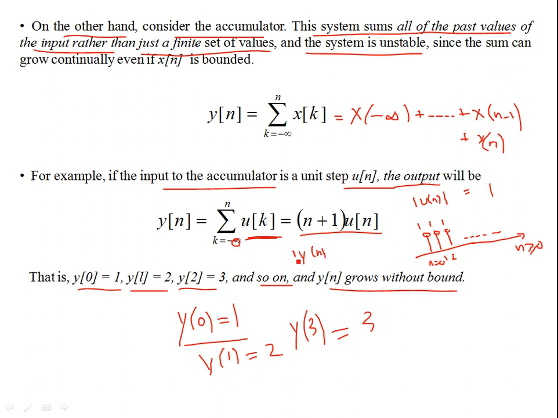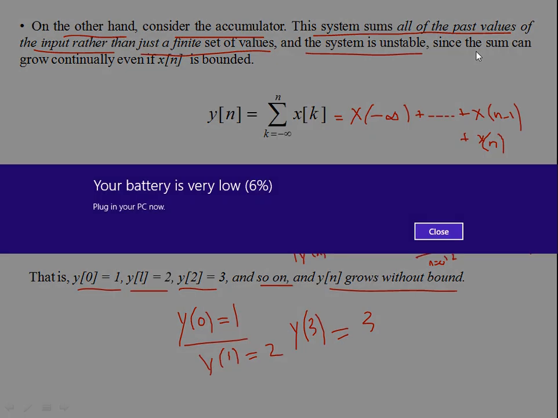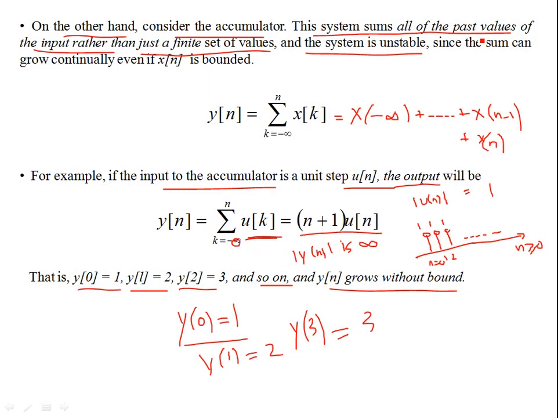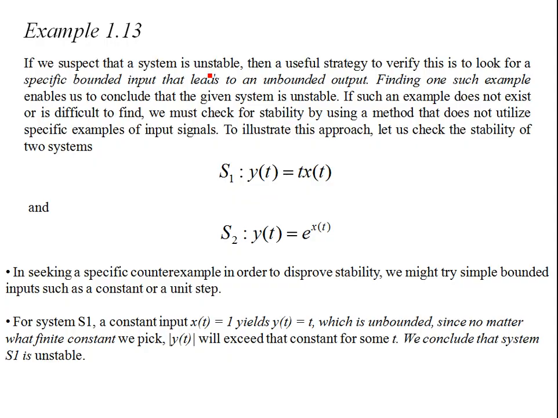The magnitude of y of n is infinity, because it's growing with increasing n always. So this is an unstable system. Intuitively you can also think of this as an accumulator, and it's going to sum up all the samples, an infinite number of samples. So the output, the sum, is going to grow indefinitely. So it's unbounded, so it's unstable.